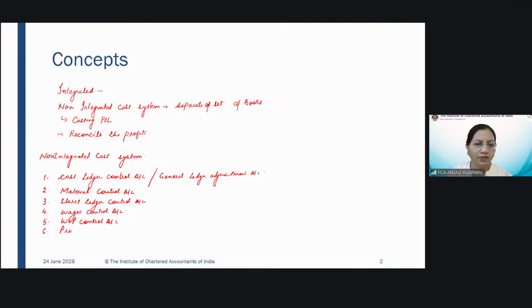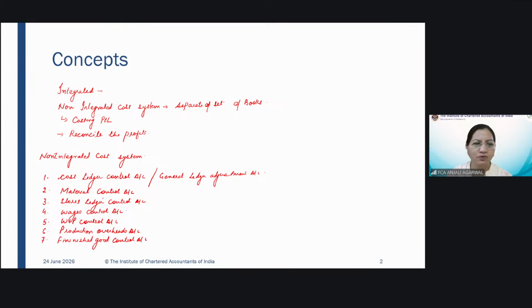You will have a production overheads control account and a finished goods control account or finished goods ledger control account.